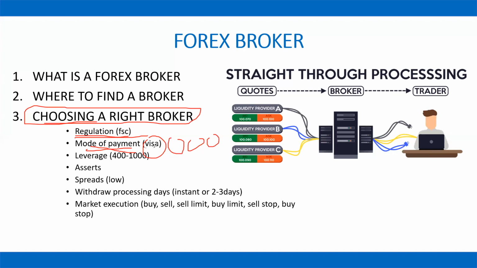I would advise you to at least choose a broker that has Visa, because you can still use Visa cards in Malawi, which is cool. Or else you can use Bitcoin, PayPal, or Skrill. It just depends on which mode of payment you're flexible with. That is up to you.